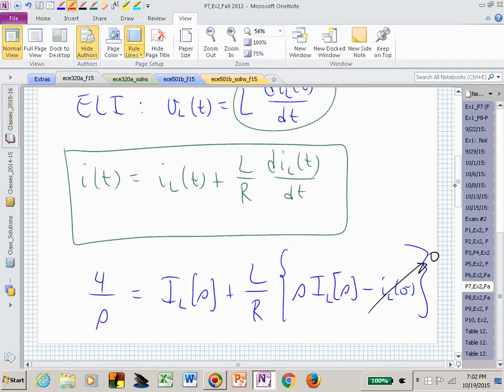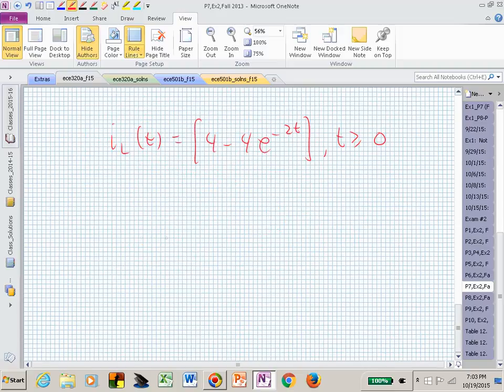We have a second derivative. We subtract, like we had i double prime of t, we would subtract i sub L of 0 and then subtract i prime of 0.